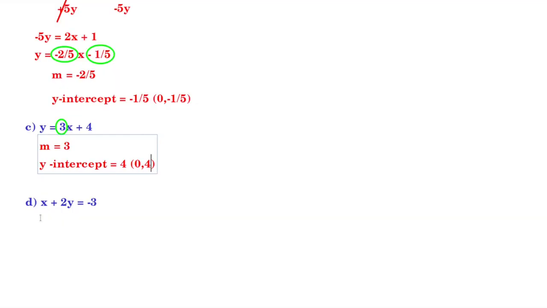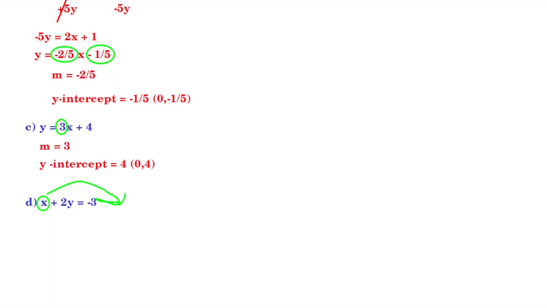Our other example here, does this assume the form y equals mx plus c? No. How do we get y equals mx plus c? Make y the subject first. Making y the subject requires us to first remove this term from this side and transpose it to the other side.